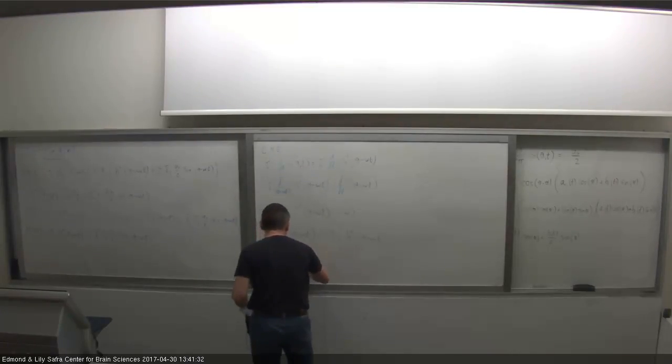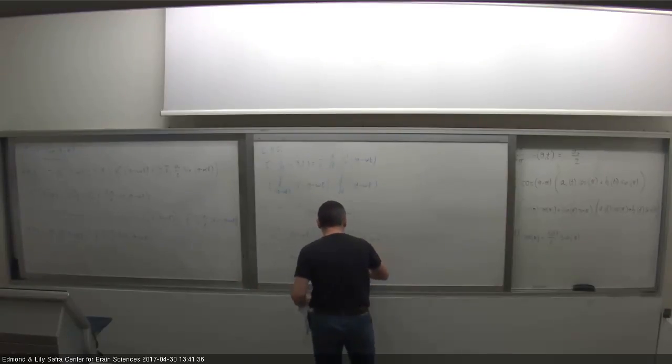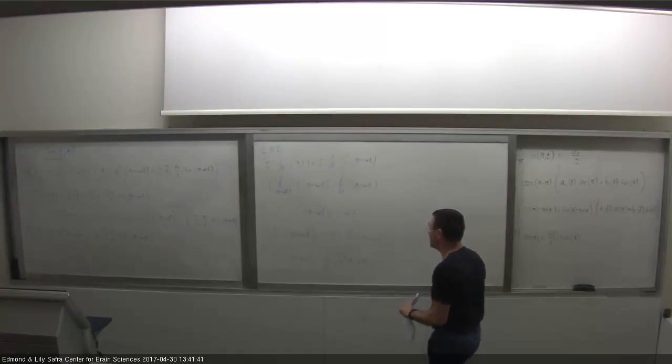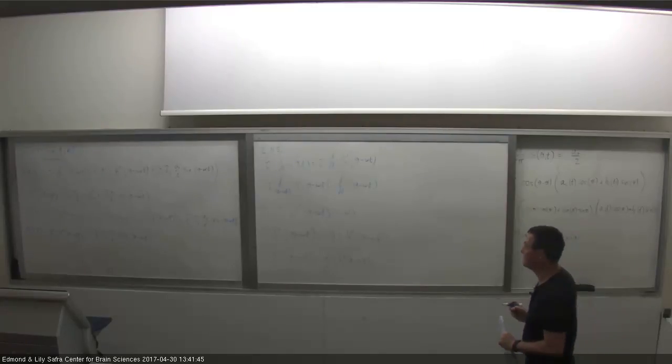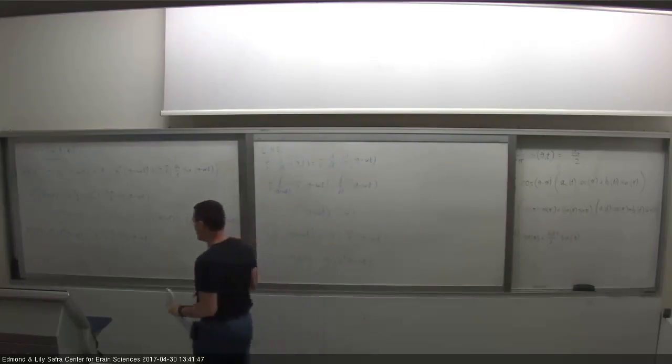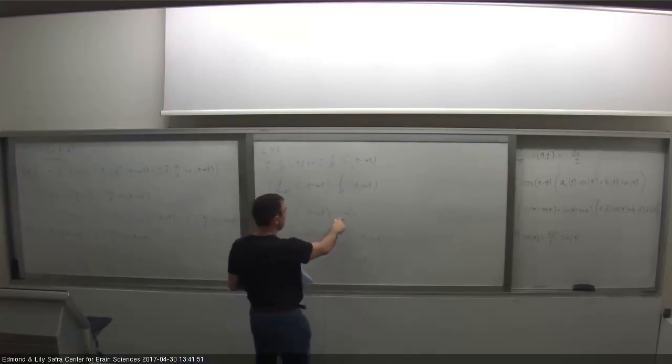The derivative of theta minus wt is just equal to g prime of h0 of theta minus wt, multiplied by minus w tau.